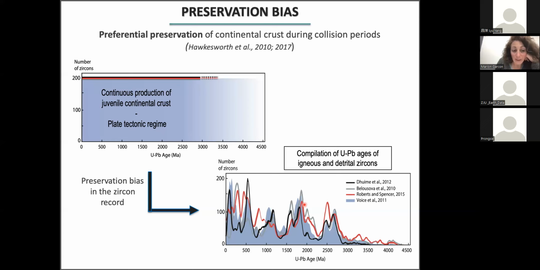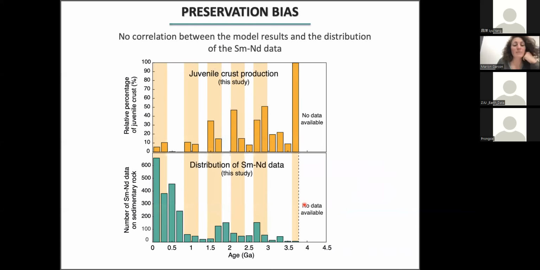Okay, so that might be the explanation for the zircons, but I think this is not a possible explanation for the neodymium isotopic record, simply because when you look at the initial distribution of the data that I used in the model, I do not have the same peaks and troughs that the results are showing.